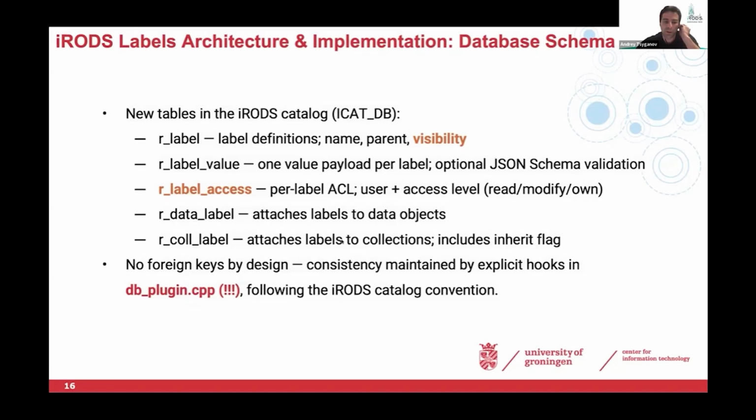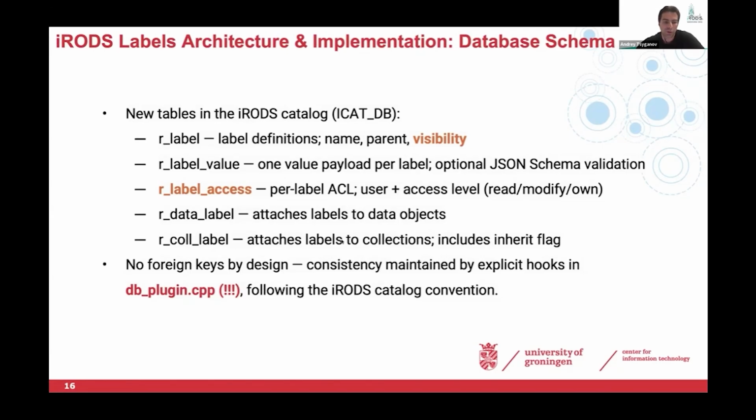The challenging part here is how you propagate the data workflow and consistency. If you have an object under a certain label in a collection, and it's inherited, then all other collections or data objects should have the same visibility and the same label. So how do you propagate this? It's approximately the same task as how you solve it for AVUs as well.